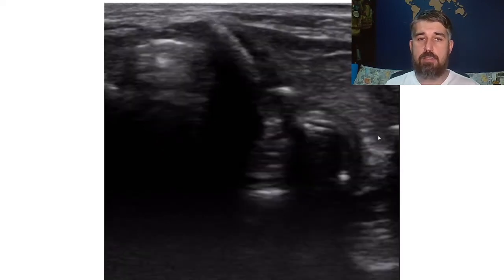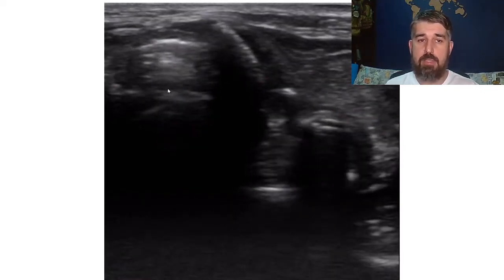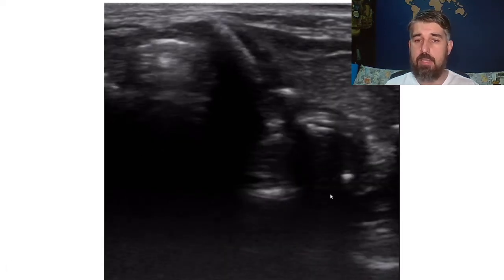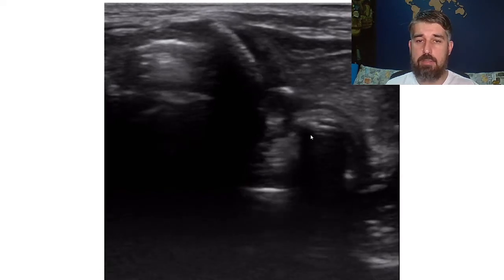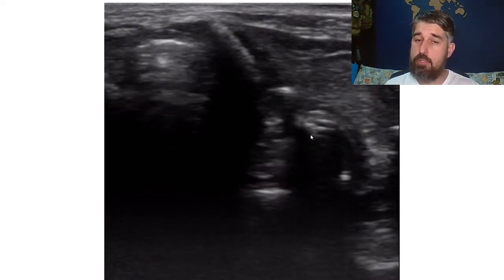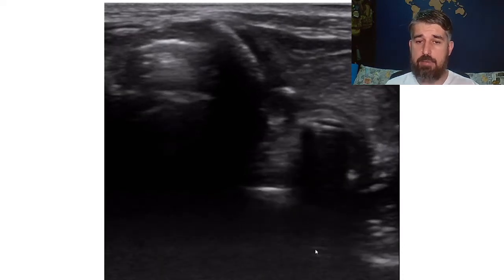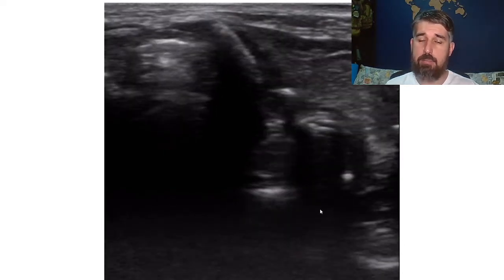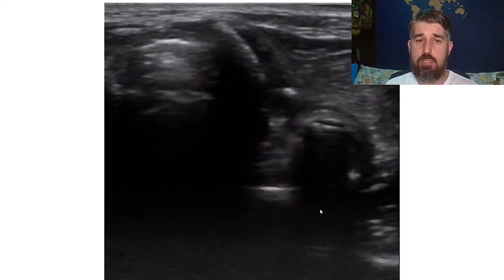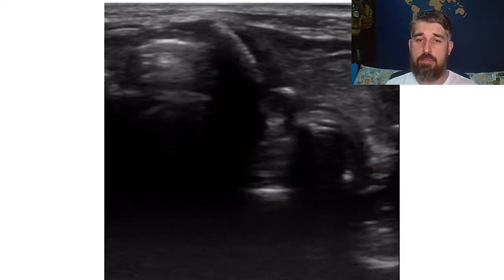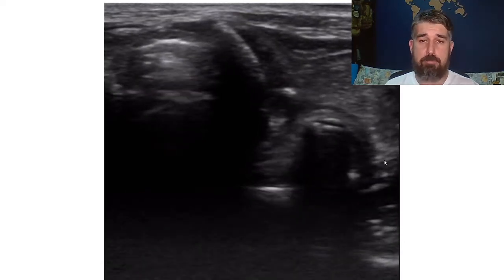Here we are seeing something else. We have our trachea, we have shadow behind it, and we have a little black dot beside it. That shouldn't be here. We have air and we have shadow behind it, so we have the tube in the wrong place. This sign means we have air in the esophagus and the tube is in the wrong place.